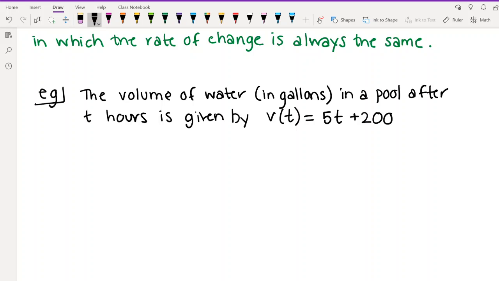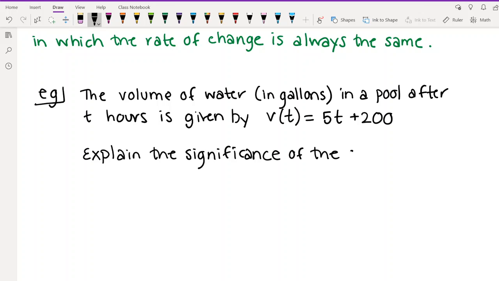And so what I want to answer here is, what is the significance of the slope and the y-intercept? I want to explain what those two numbers tell us in terms of this situation.